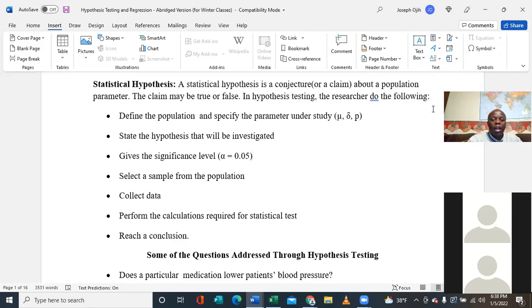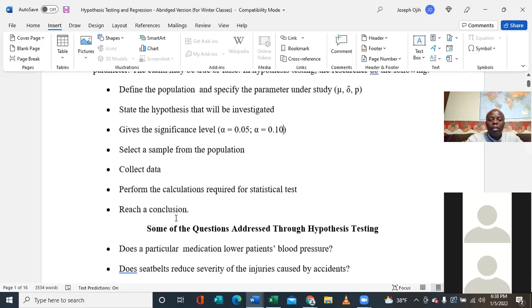If you say alpha is 0.1, that means your chance of being wrong is 10%, and so on and so forth. Then after that, you select the sample from the population, collect your data, analyze the data, perform the calculations for the test, and then reach a conclusion. That's all we do in hypothesis testing.